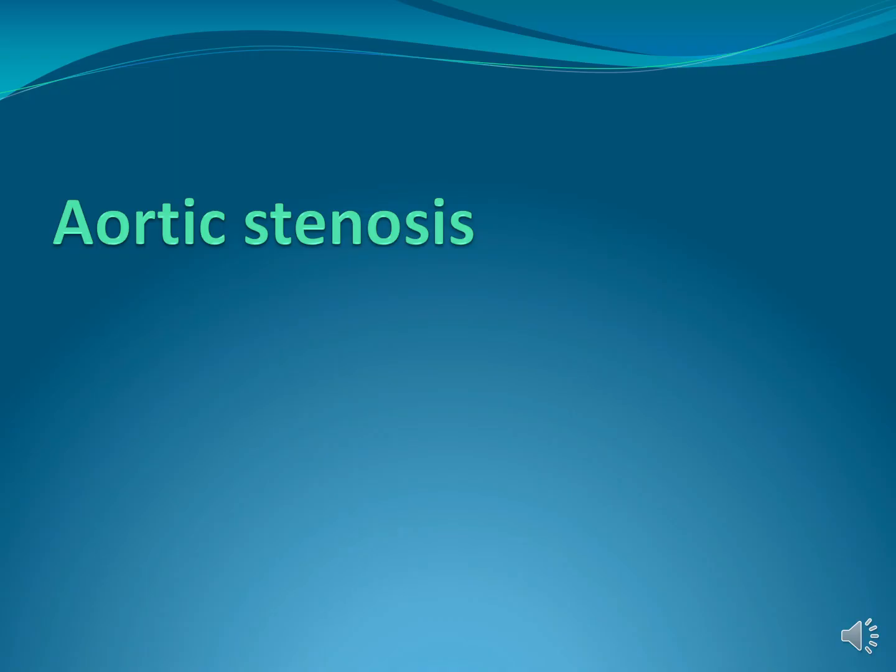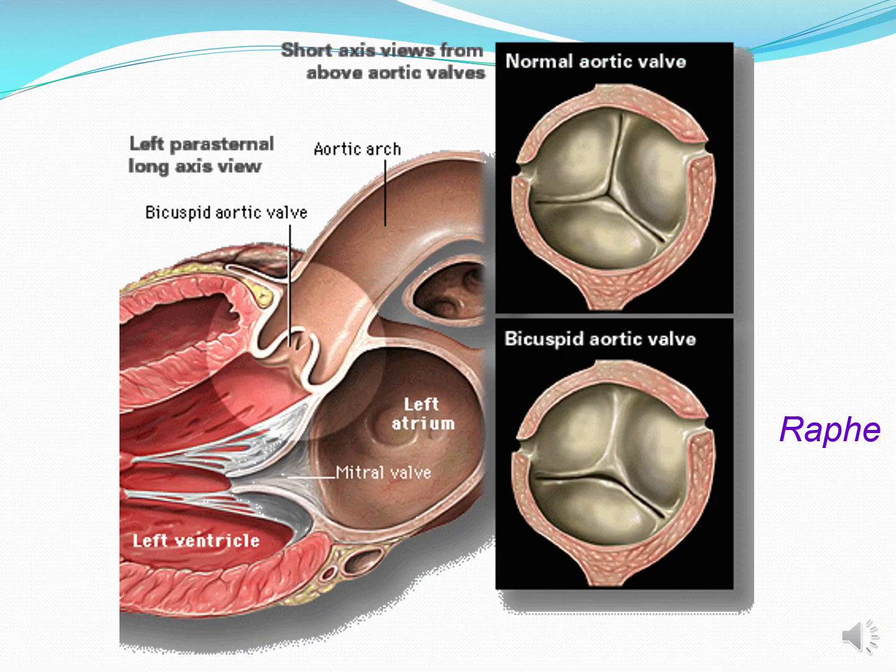The condition we're going to talk about is aortic stenosis. And the pathology is not very varied. There are a few important conditions that cause this. The first is the congenital condition of what we call a bicuspid aortic valve. So normally the aortic valve, as you know, consists of three cusps.